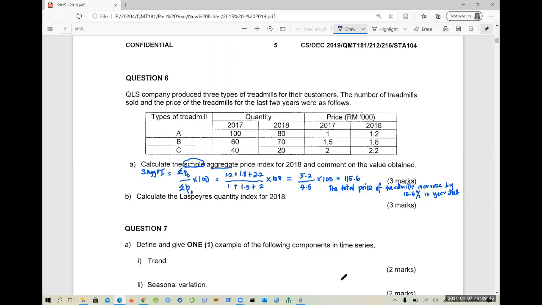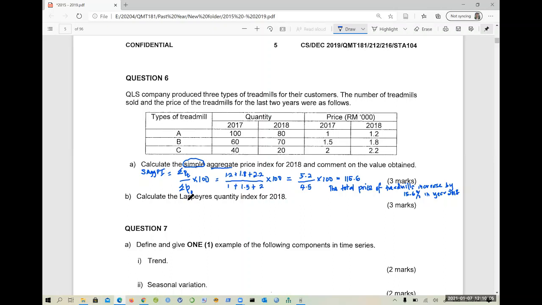If you want it to be complete: the total price of treadmills increased by 15.6% in year 2018 compared to the base period, that is 2017. So that is for the first one.